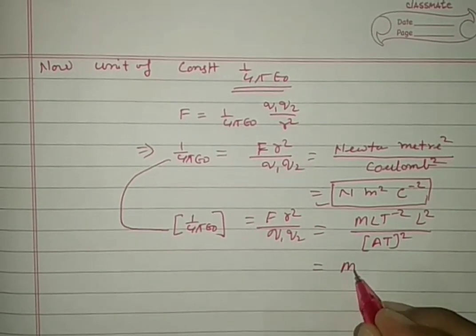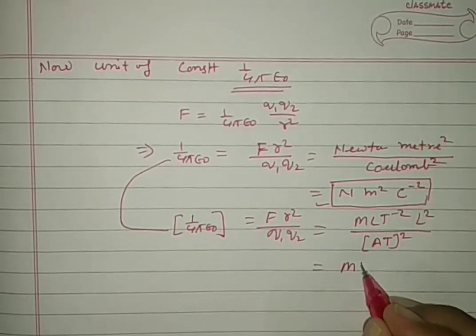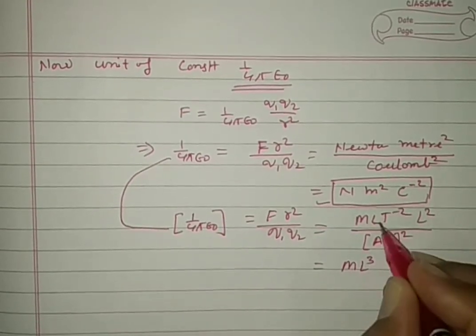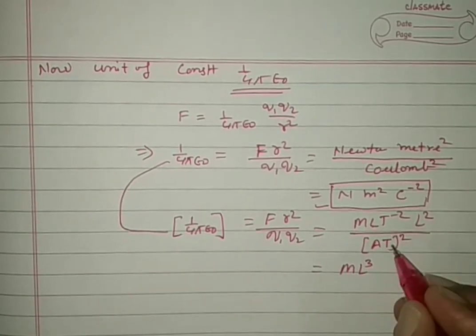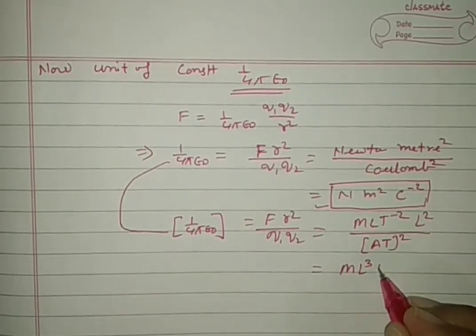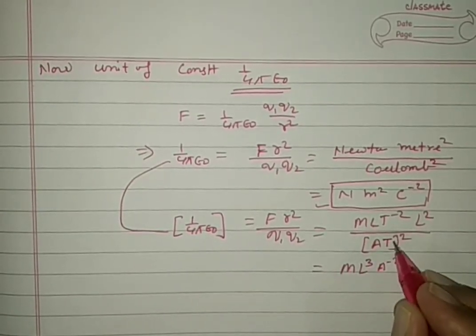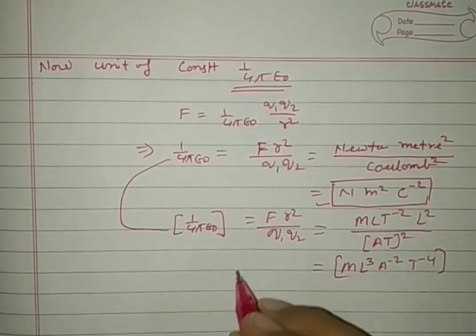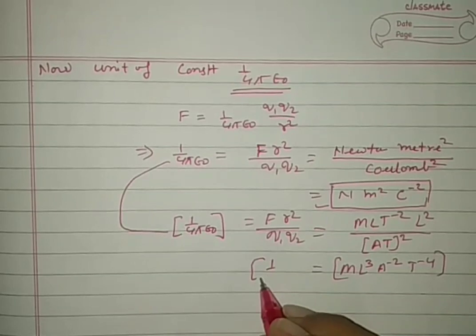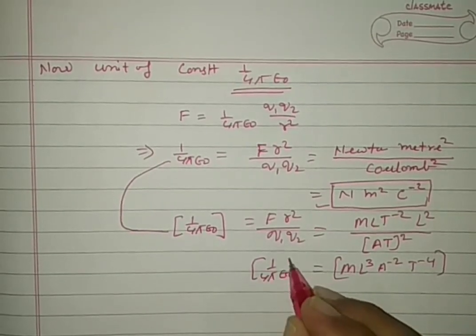Now it is M, L power 3 becomes L3. See very carefully. When it goes to the denominator, the time becomes minus 4. This is the dimensional formula of 1 upon 4 pi epsilon 0.